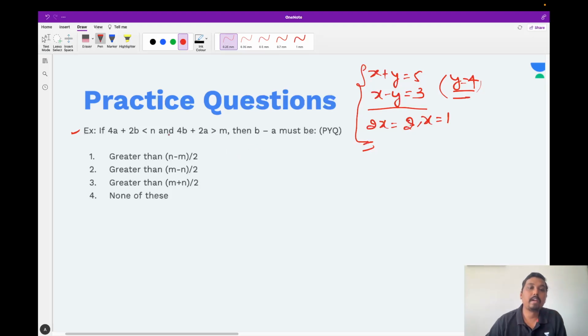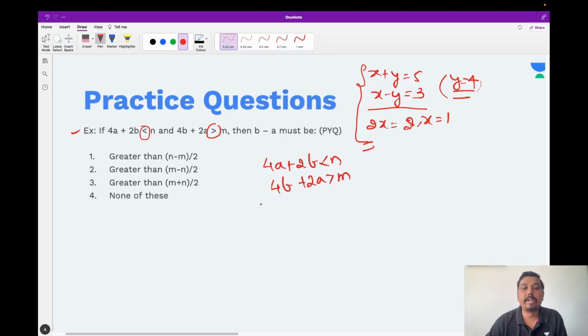What if I have an inequality sign? Can I perform mathematical operations on my inequalities? Yes, sir, you can definitely do it. For example, 4a plus 2b is less than n, 4b plus 2a is greater than n.